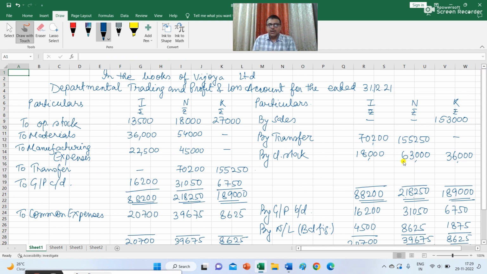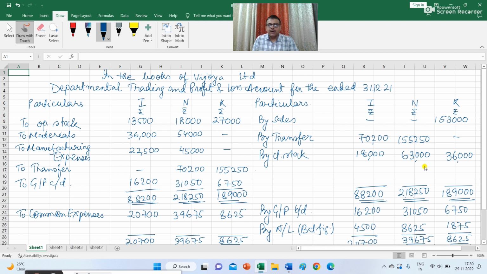So the closing stock of 63,000 of Department N has two parts. One part is the outside purchase and the other part is the value of goods transferred from Department I. Here you can see that Department N has made an outside purchase of 54,000 and there was a value of goods transferred from Department I to Department N to the tune of 70,200.